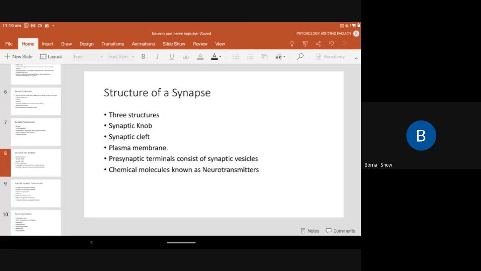So for the long question, the synapse is very important. Then you may get questions like what is a neuron, what are the functions of a neuron, the types of neuron, and draw a diagram showing the structures of a neuron that I told you. These are very common questions from this chapter.